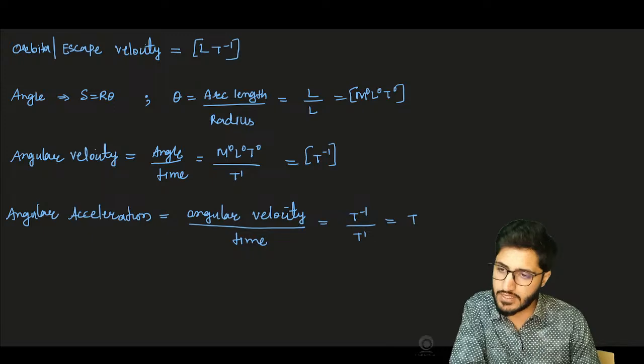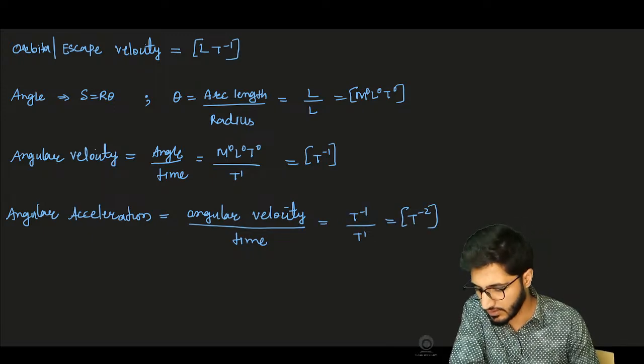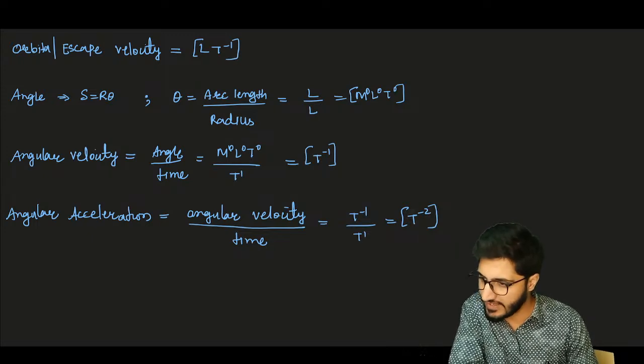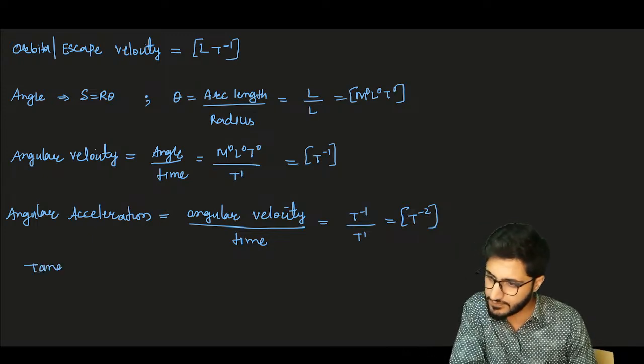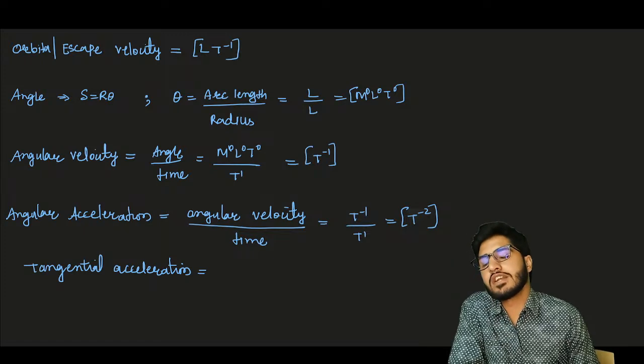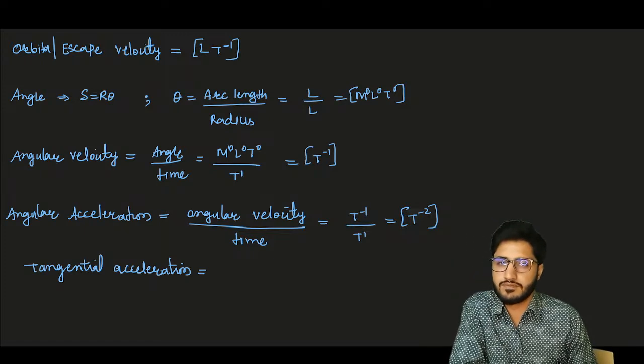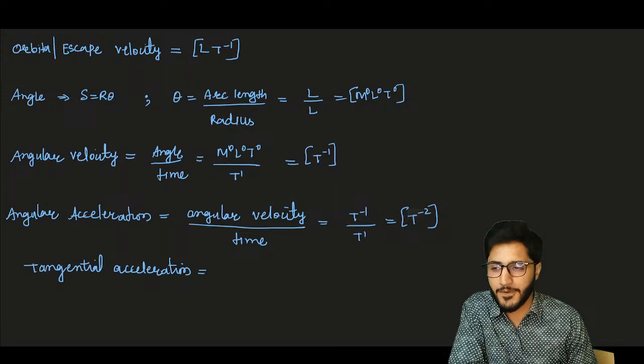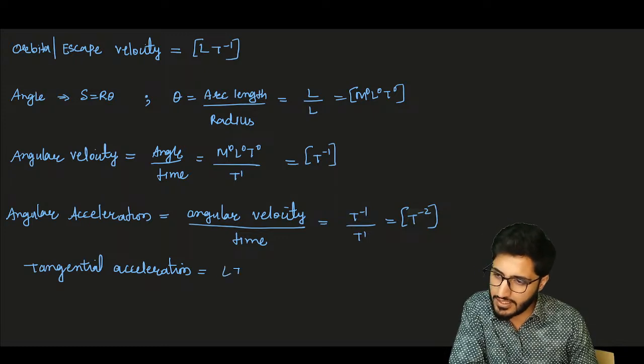It becomes T^-2. So now we are having tangential acceleration. Tangential acceleration is dv by dt or alpha r. So it is acceleration, it is LT^-2.